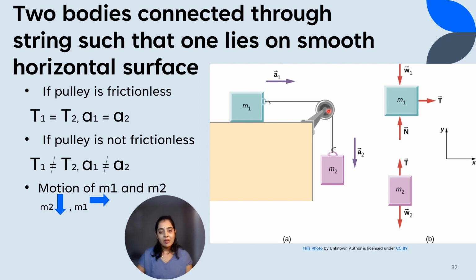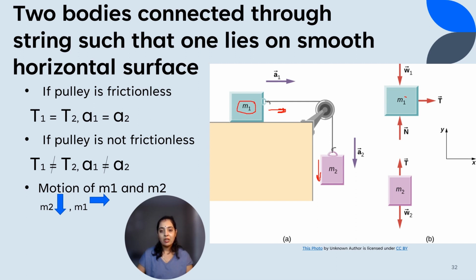And always remember the direction of motion. M1 will move in the horizontal direction and M2 will move in downward direction. Take it as positive. And we have drawn the free body diagram for M1 here.